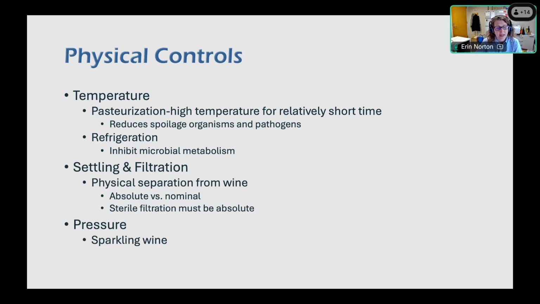You might keep your tanks cool when you're doing a cold settling of your juices, or you might keep your tanks cool after the fermentation to not allow microorganisms to grow. You really want to slow down their metabolism. If you slow down their metabolism, they can't grow and they can't make the organic compounds that give off flavors and things like that. So you really want to slow them down and prevent them from growing and metabolizing.